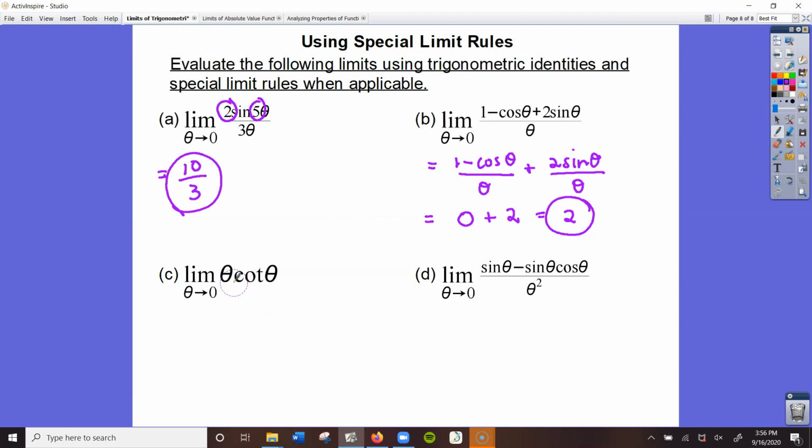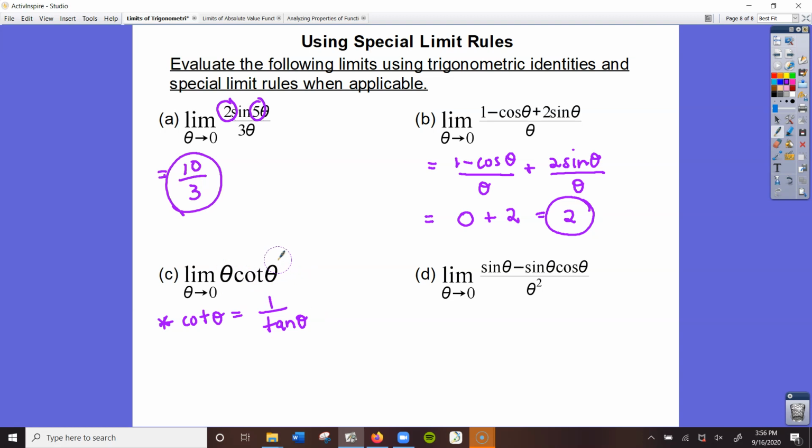For this one over here, we have theta times cotangent of theta. Now, in order for me to use any of these special limits, they're only in terms of sine, cosine, and tangent. So I'm going to rewrite cotangent in terms of tangent because I think that this will look very similar to one of my special limits. Keep in mind that cotangent of theta is the reciprocal of tangent, so it would be the same as 1 over tangent theta.